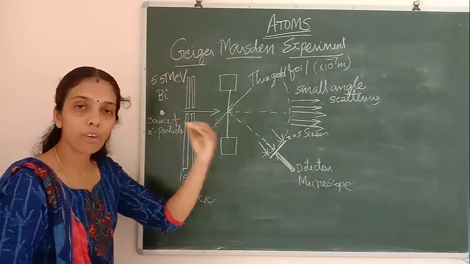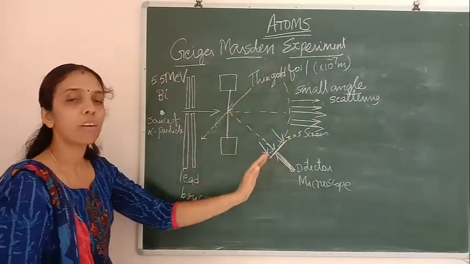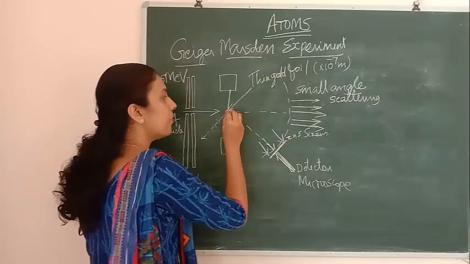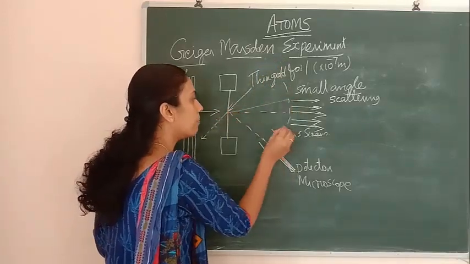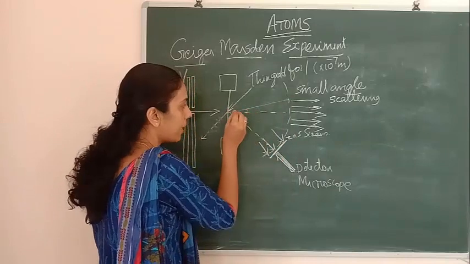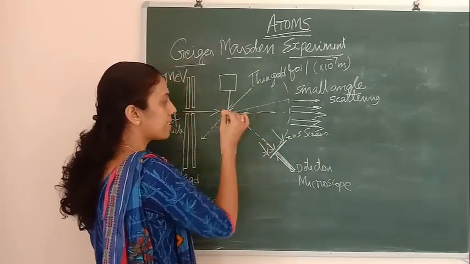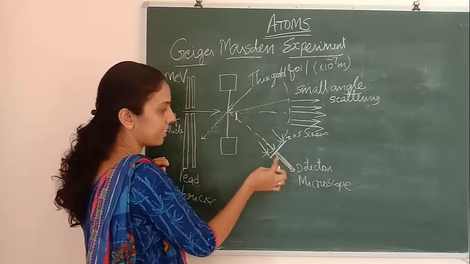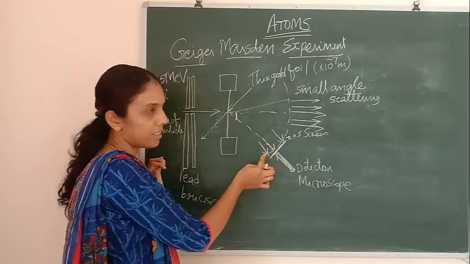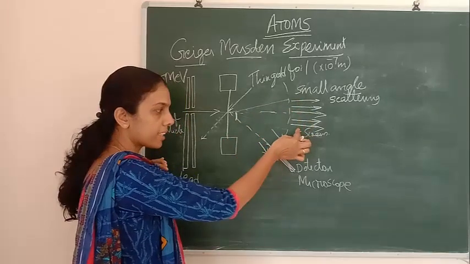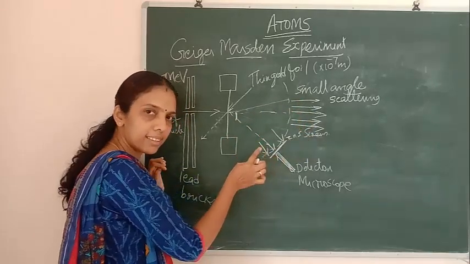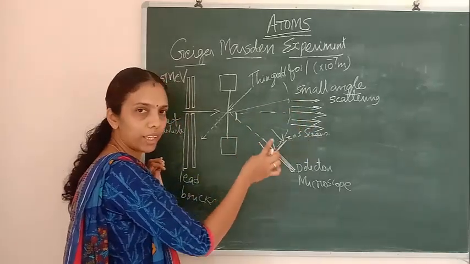The number of alpha particles observed after scattering will be, see, this angle is small. But for large angle scattering, from here, if we consider a large angle, the number is also less compared to the small angle scattering. Here also scattering is happening, but it is very less.